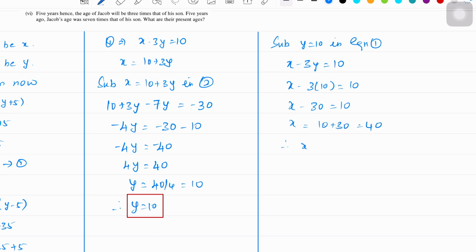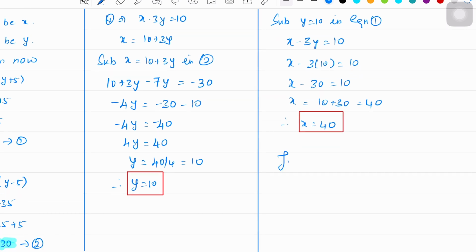Therefore x equals 40. We got the two values. So from this we can write Jacob's age equals 40 years and his son's age equals 10 years. So this is our answer.